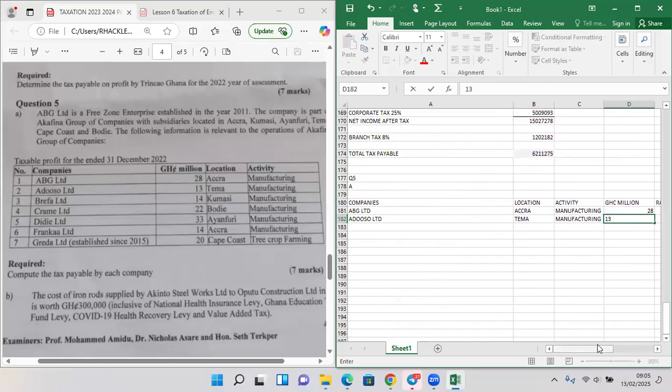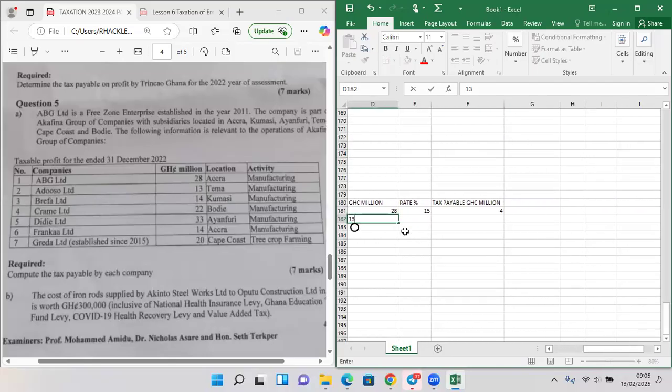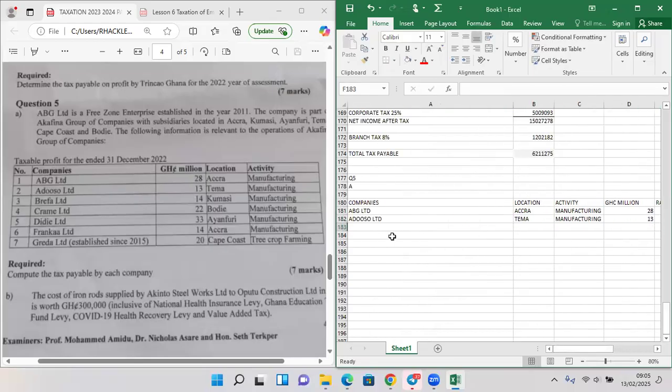And then the tax rate for that matter is 25% because it's in Tema and not a free zone. So this is going to be equal to 0.25 times 13.